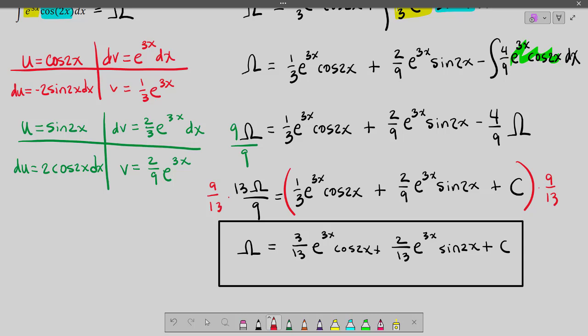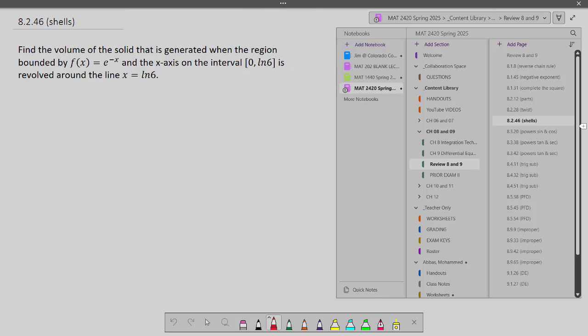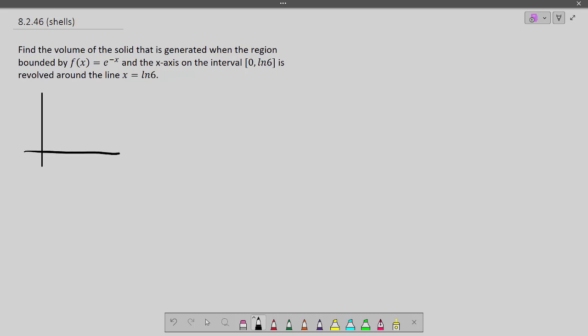Okay, so it says that we want to use shells up there. So if we're going to use a cylindrical shell, we really don't have choice, right? We don't want to use a horizontal element here because the horizontal element will hit the curve up here if you draw it there, and it's going to hit the vertical line over here.